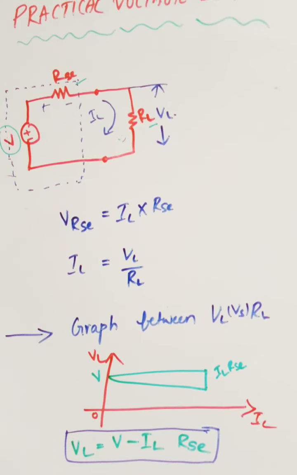So there is a small difference between an ideal voltage source and a practical voltage source. The difference is its resistor.